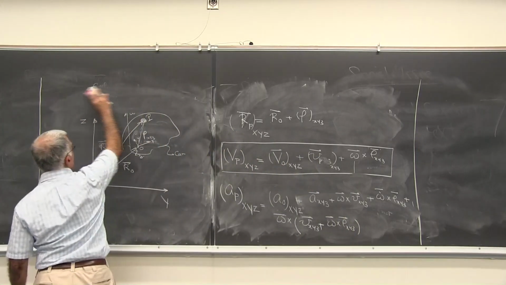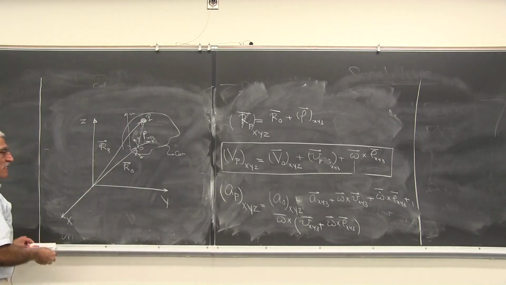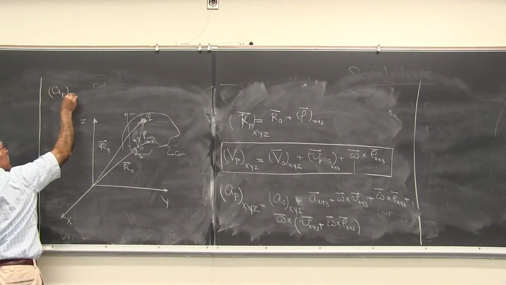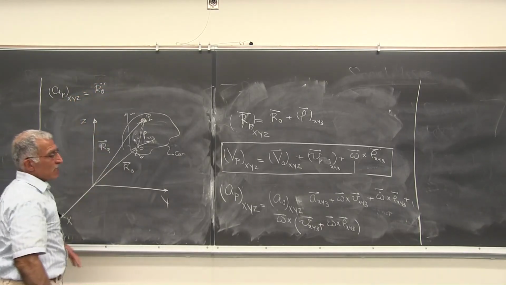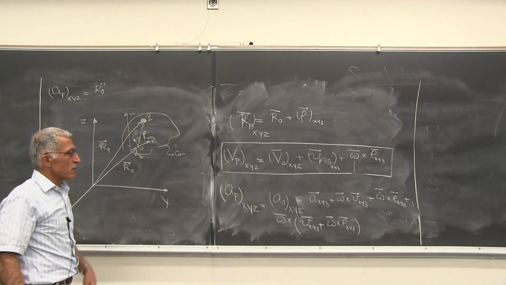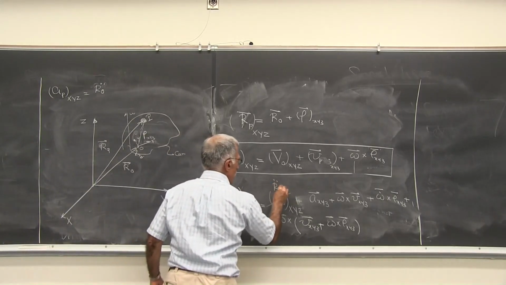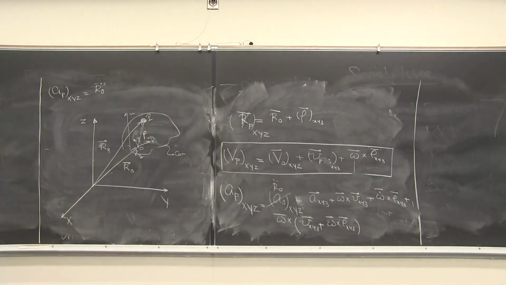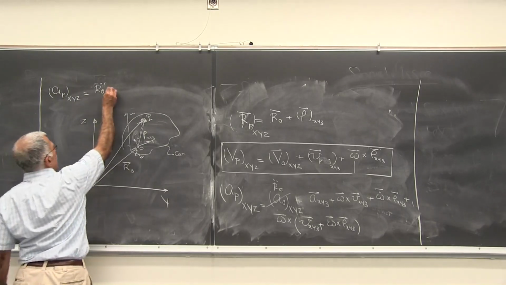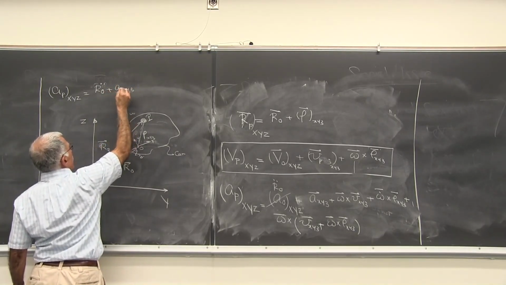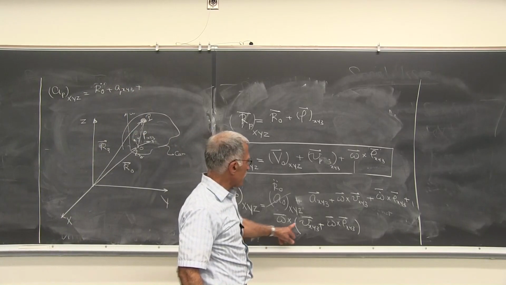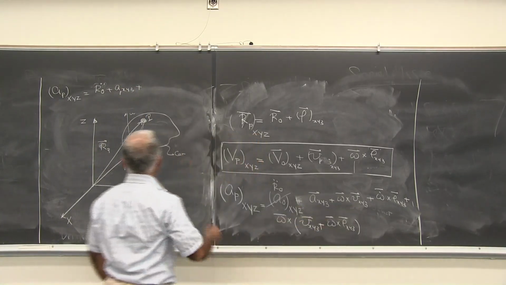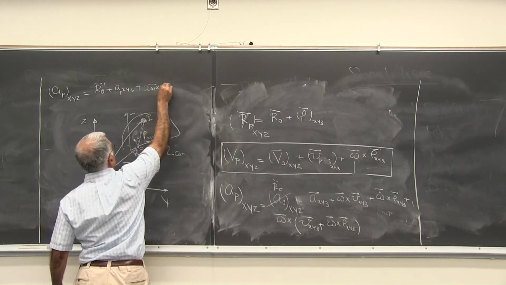So if you put all of these things together, acceleration of point P with respect to the main reference frame becomes R double dot O, or acceleration of O, the coordinate of the origin of the auxiliary reference frame is accelerating, R double dot O, plus a xyz, acceleration of point P with respect to xyz, plus, now if you just go ahead and simplify this expression, you have omega times Vxyz, you have omega times Vxyz, you have 2 omega times Vxyz.